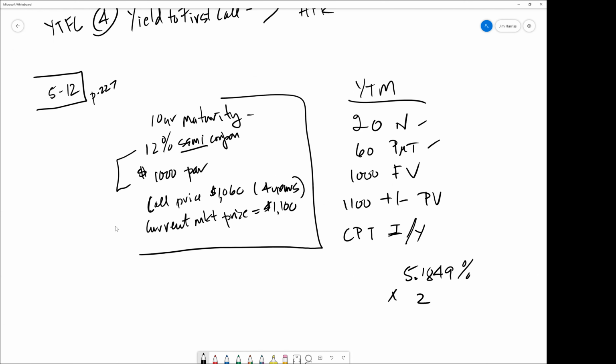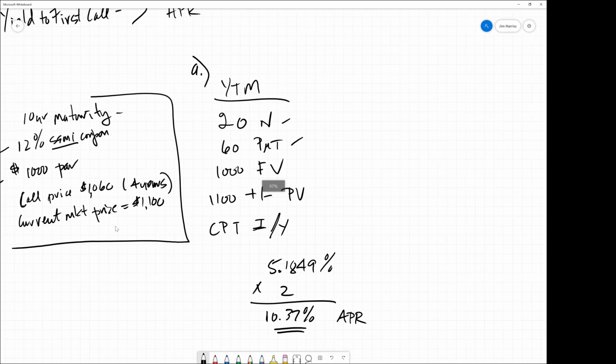So if you multiply that by 2, you'll get an APR, annual percentage rate, and that's 10.37%. Okay, so that's the answer to part A. This is part A for this problem.